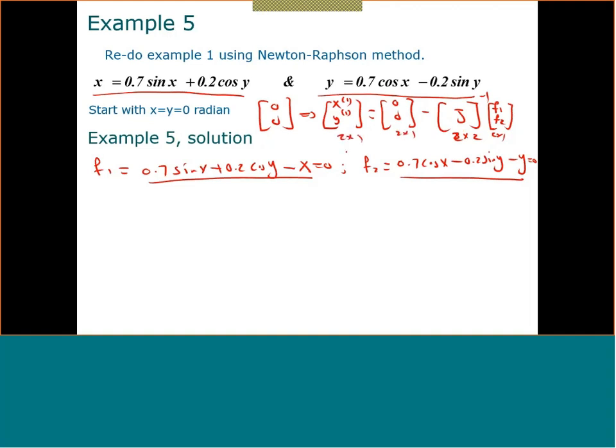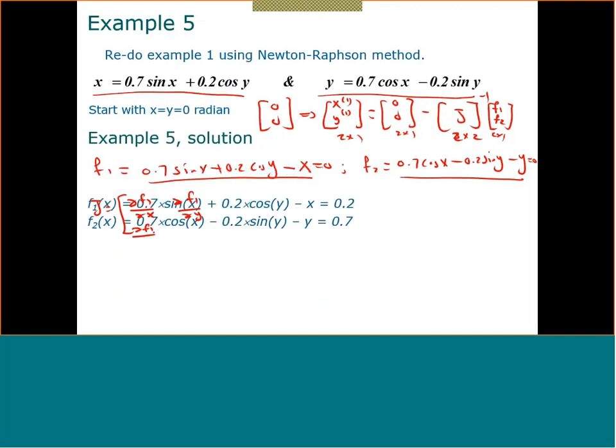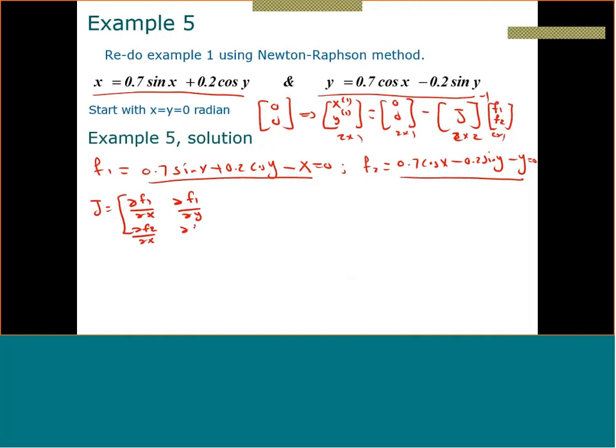Okay. Now, let's find the Jacobian. Now, what will the Jacobian be? The Jacobian matrix will be the partial derivative of f1 with respect to x, the partial derivative of f1 with respect to y, the partial derivative of f2 with respect to x, the partial derivative of f2 with respect to y. Okay.